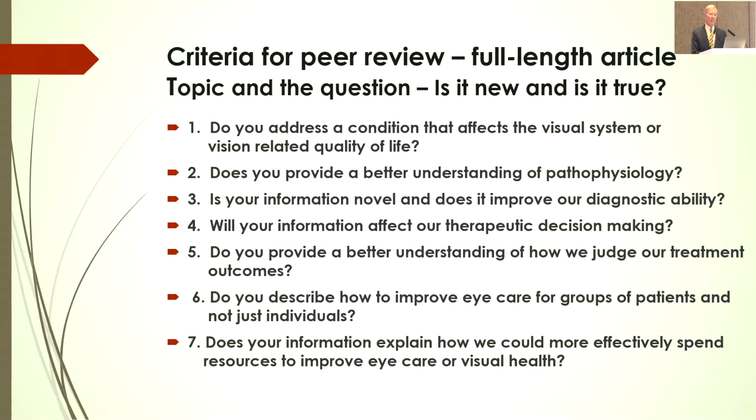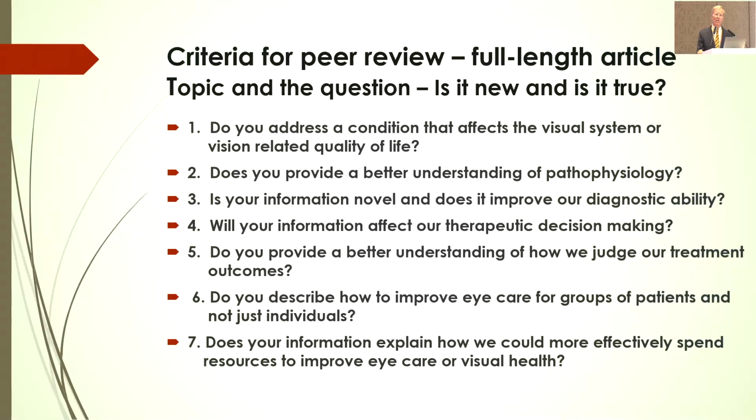So, because we have many different types of publications, I would like to focus on, I think, the one which has the greatest interest and impact, and that is the full-length original scientific article. In summary, I ask of every submission, is it new and is it true? So these are the 7 criteria that I have in mind.